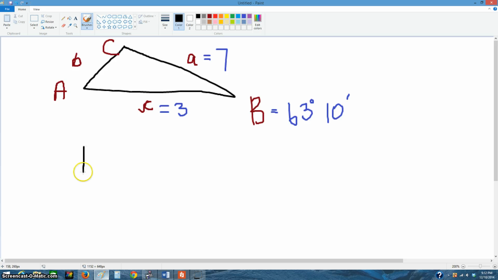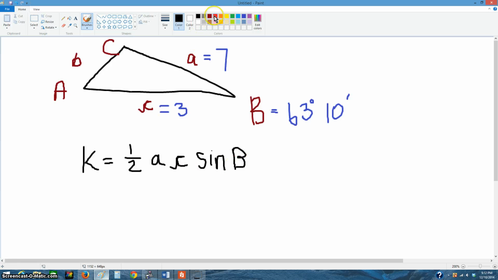So remember, we use the letter K for area. So K equals 1/2 a and little c times sine of big B. Alright, so basically now all we have to do is just substitute.